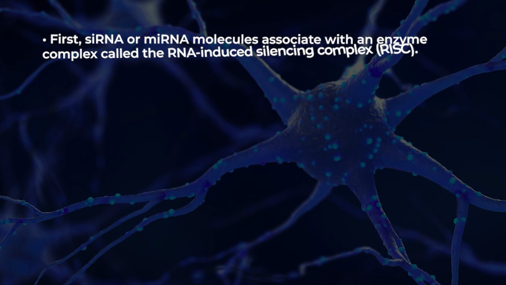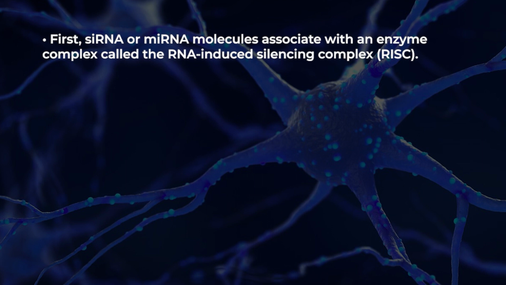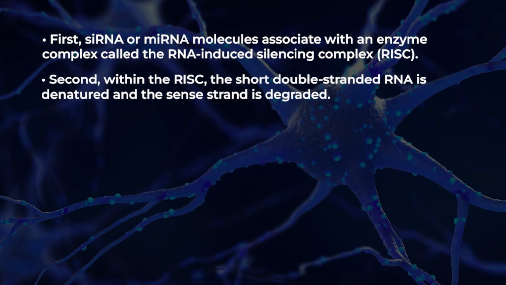First fate: if the siRNA or the miRNA molecule associates with the enzyme complex called RNA induced silencing complex or RISC, what happens? They are double stranded. When they enter the RISC complex, one strand, the sense strand of the double stranded siRNA or miRNA, is degraded.